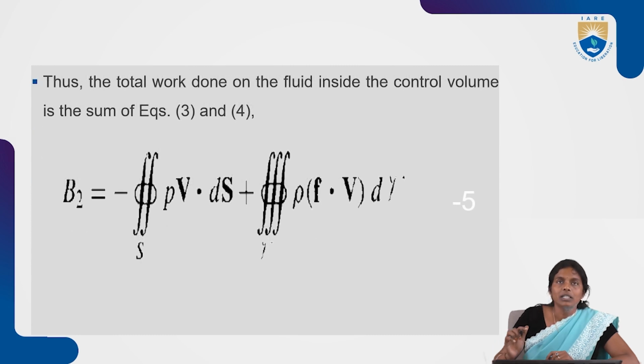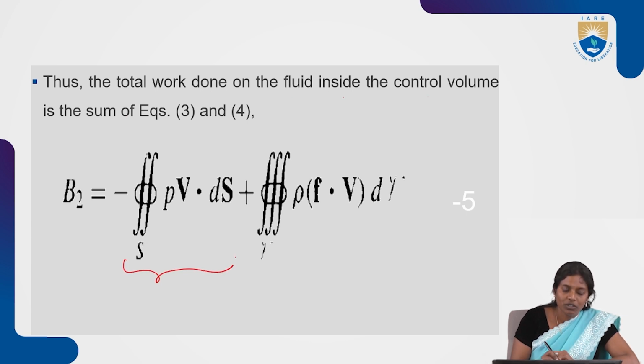Now we have the fluid inside the control volume, acted on at the control surface as well as inside the control volume. So the total rate of work done on the fluid inside the control volume is the sum of the rate of work done on the control surface plus the rate of work done due to body force.